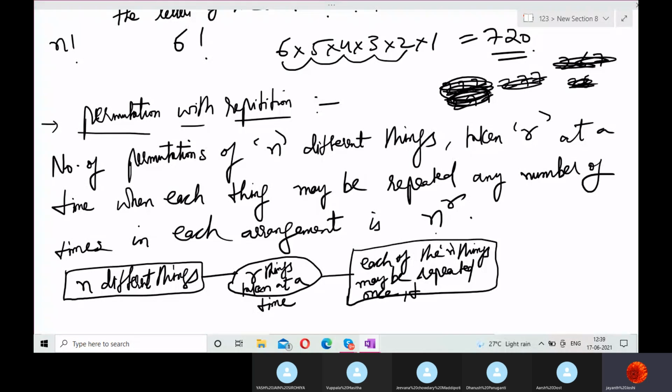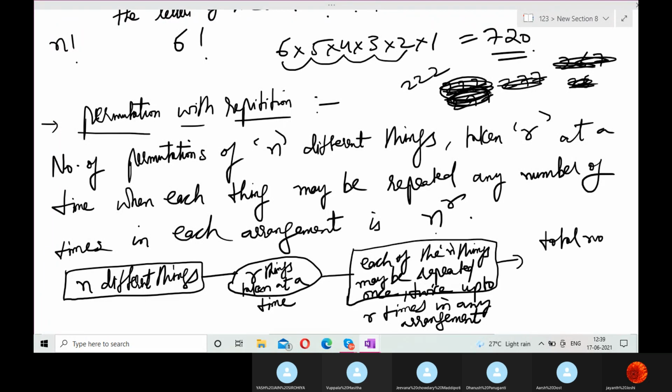That means you can repeat them once, twice, up to r times. That means if you are making only a 3-digit number, if I have 222 I can make it, in any arrangement. So total number of such arrangements is n power r. All of you make a note of this.